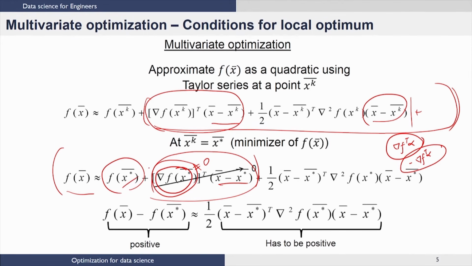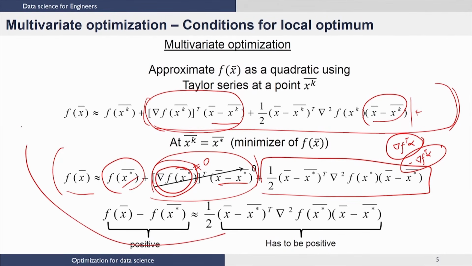So, the first condition that we will get is that this is 0, and once that is 0, I am left with just this term right here, and if you notice, this term is of the form delta transpose, the Hessian matrix, let me use H here, delta. We know that this is a symmetric matrix, and let us also make sure we understand this clearly.